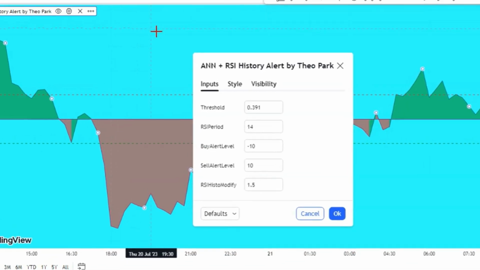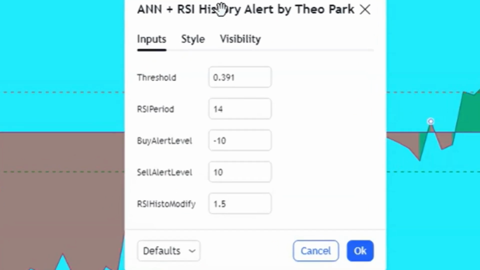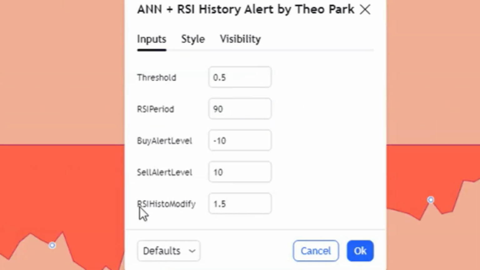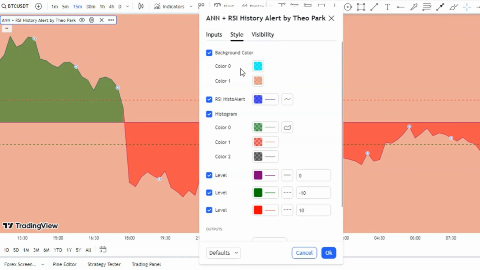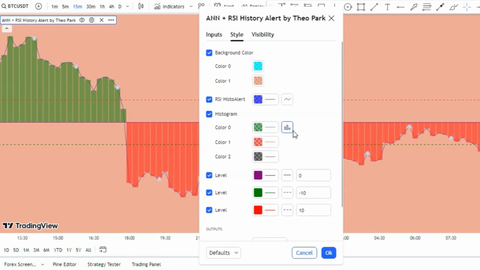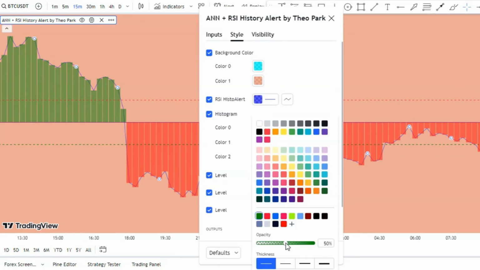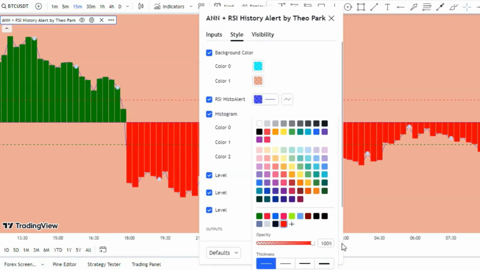So in the Inputs tab, set threshold to 0.5, RSI period to 90, and RSI Histo modify to 6. Then carefully follow the Style tab adjustments I make in the video step by step. Those visual settings are important for clearly identifying the signals.